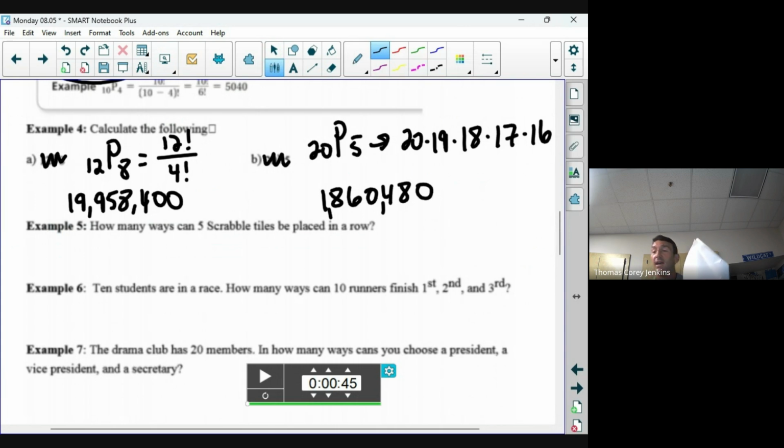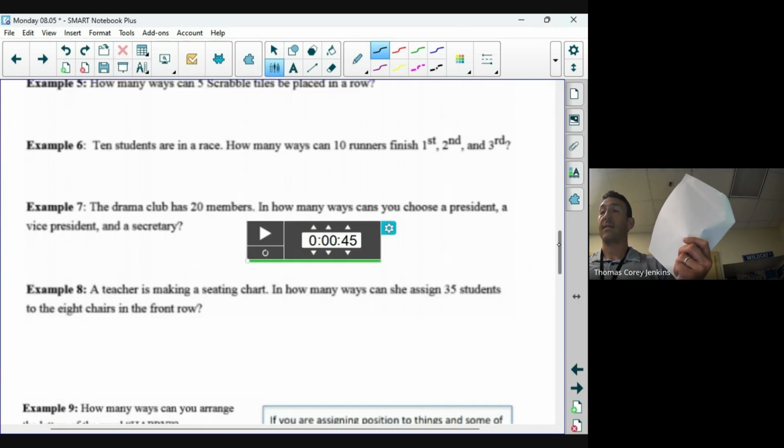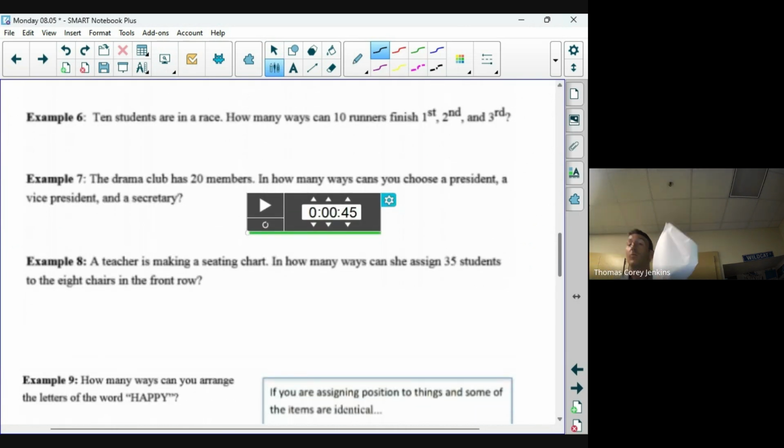So let's go ahead and skip example 5 and do example 6. So what would a word problem where we would use permutations look like? It would look something like this. 10 students are in a race, like the generic example I used at the beginning. How many ways could they finish first, second, and third? So using our permutation notation, that would be 10P3 because we're filling 3 spots.